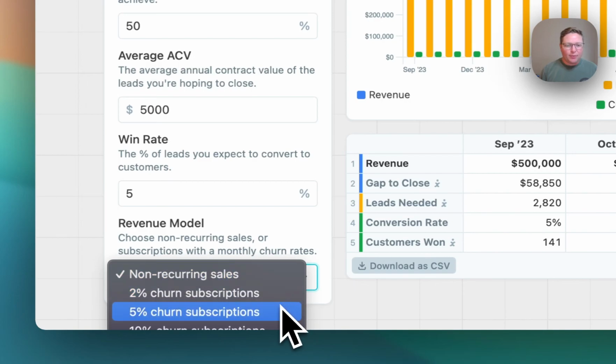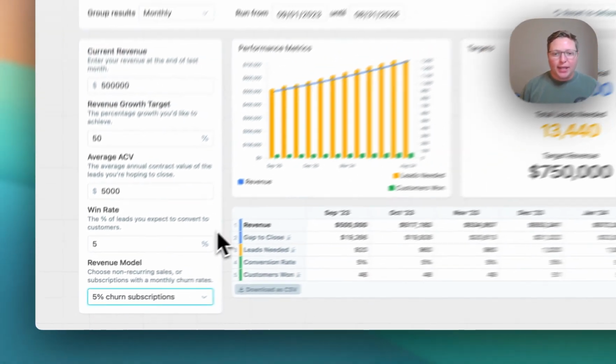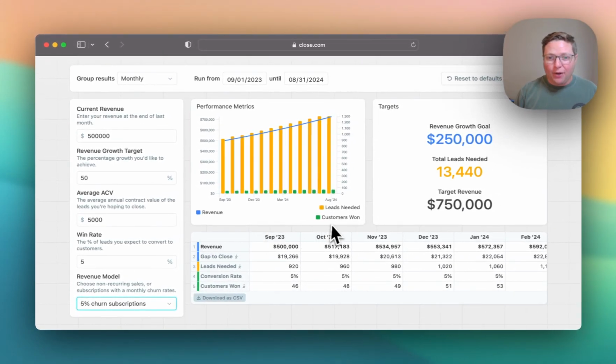Let's say each month we lose 5% of our revenue to churn, natural causes, whatever it is. So let's put that in there. And then boom. I now have a clear number on how many leads are going to be needed to hit our target revenue growth of going from 500,000 to 750,000 over the course of 12 months.